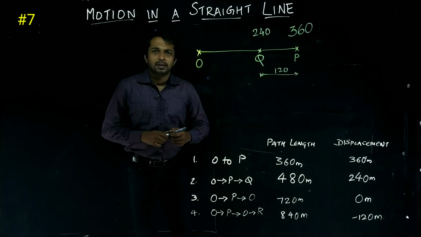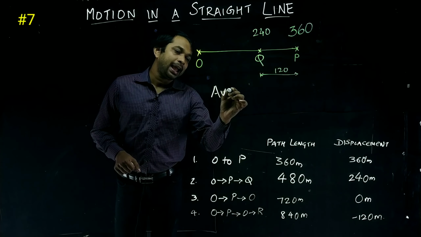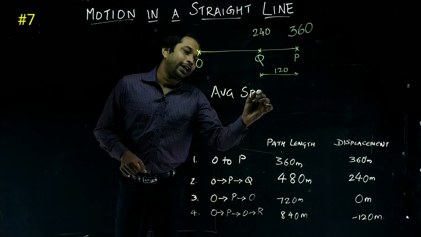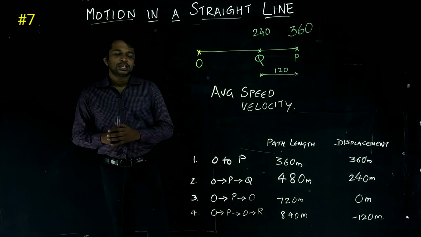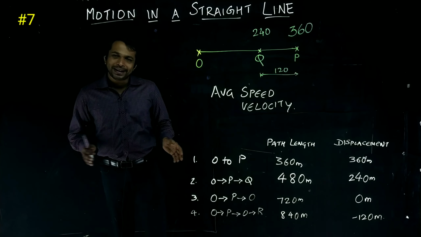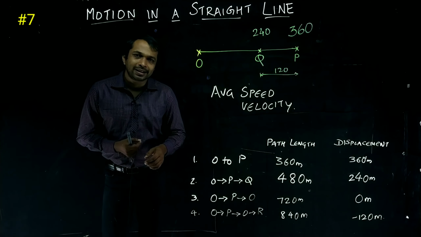Now let's study the difference between average speed and average velocity. Average speed is simply the total distance divided by total time.